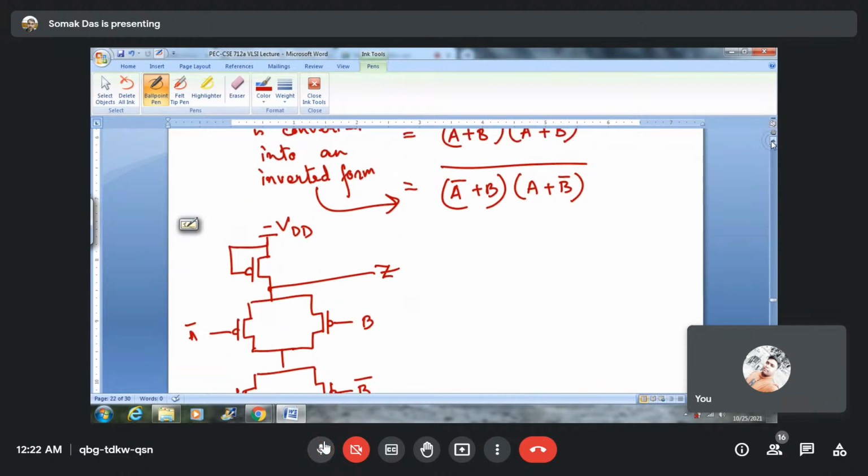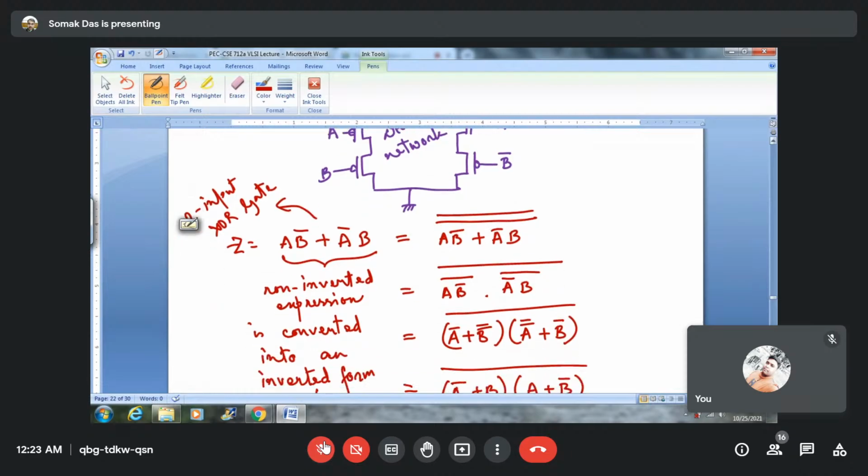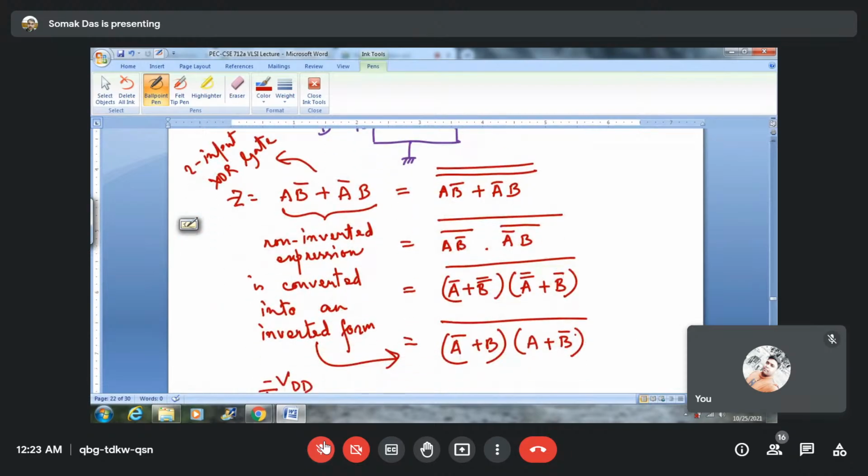Yes, sir. So we had a non-inverted expression, which is basically a two-input XOR gate, A B bar plus A bar B, that is being converted into an inverted form, and we do get an inverted form by using De Morgan's theorem.